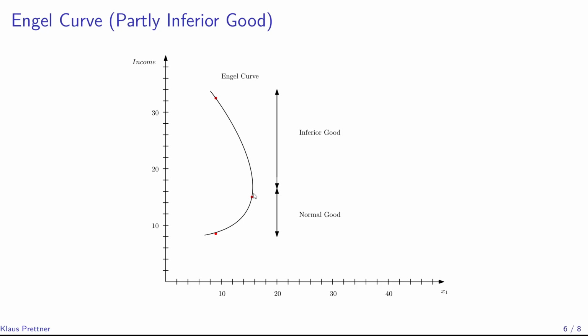So its demand increases when income increases. However, from that point onwards, demand decreases when income rises further, so this good is an inferior good. So the Engel curve depicting demand for the good in relation to the income level of the consumer would bend backwards from some point onwards.